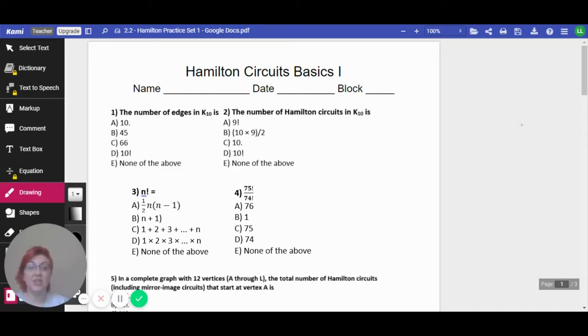Let's take a look at our Hamilton practice set 1. All right. The number of edges in K10.